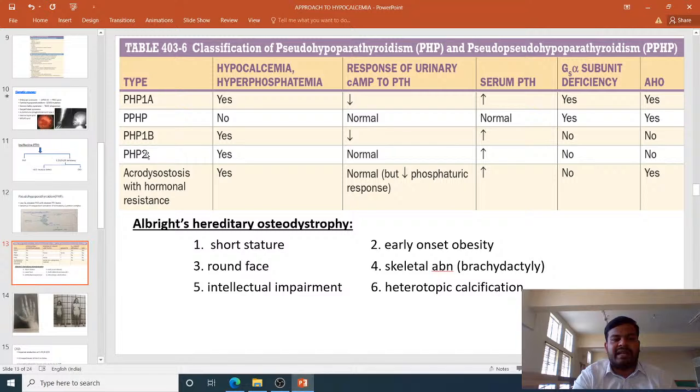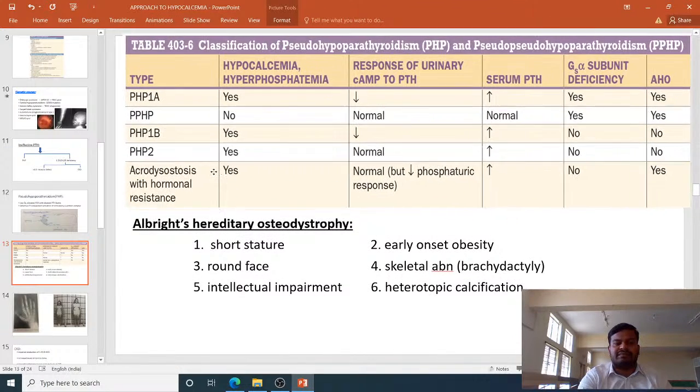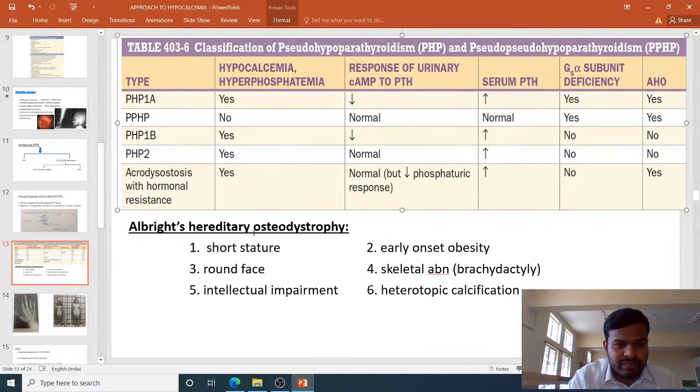In pseudohypoparathyroidism 2 there will be increased phosphate and low calcium with a normal urinary cyclic AMP response to PTH, and increased serum PTH. In pseudohypoparathyroidism 1A there is G alpha subunit deficiency, along with Albright's hereditary osteodystrophy.